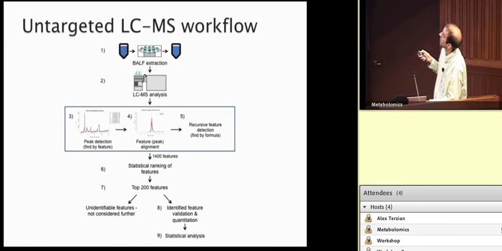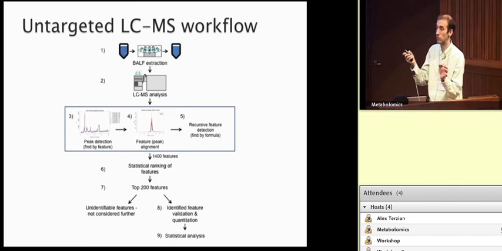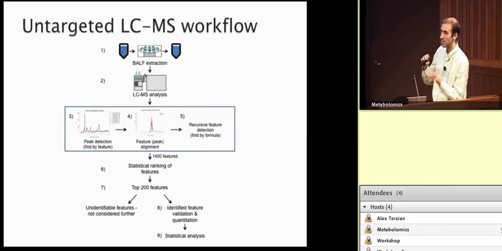We'll have done the peak detection, feature alignment, recursive feature, and we'll probably have done some basic degree of differentiation. If you tell us what your groups are, we'll put it onto a basic PCA or PLSDA analysis for you, and you can get some visualization of separation between groups. And we'll have identified those features that are present in our library. So you'll have a large data table and some basic statistical analysis.